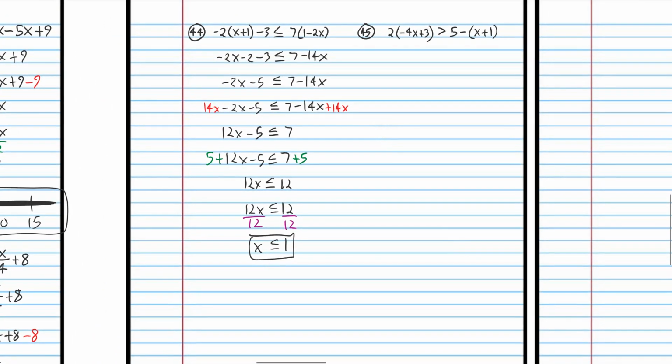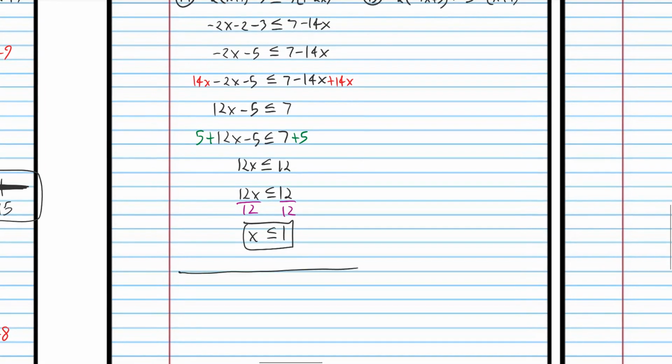Let me just double check that. Yep, that looks correct. And let's graph it. So you can try graphing this if you want. X is less than or equal to 1, so we put a colored in dot on 1.